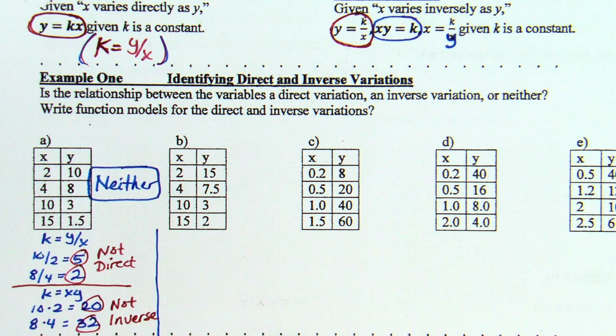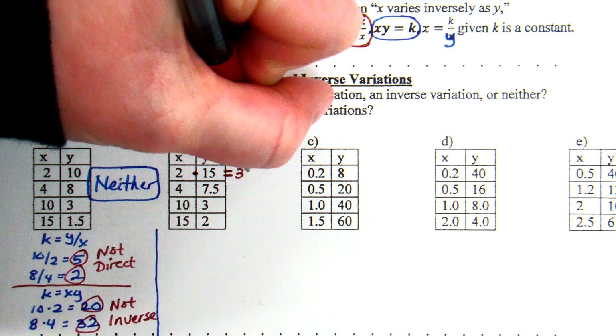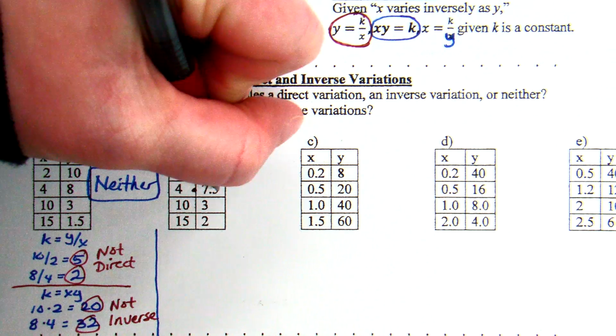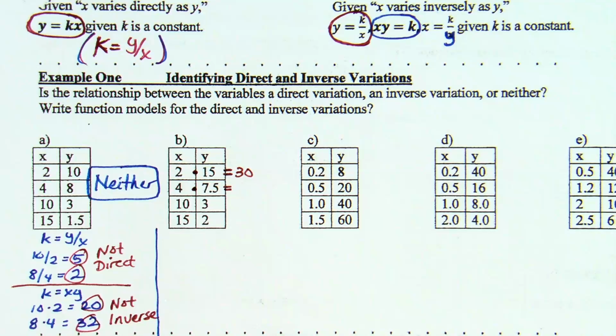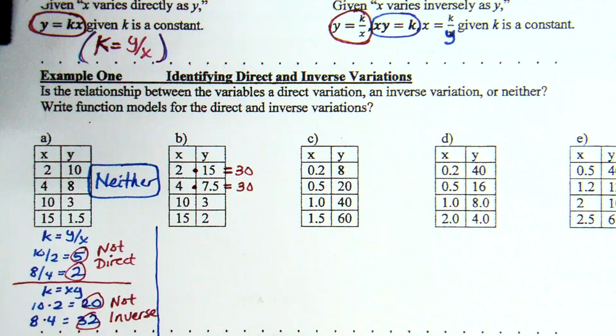I mean, save your energy here if you can identify this just by glancing. Okay, if we multiply, what is 2 times 15? 30. Okay, this is the one that's probably making you think a little harder. What is 4 times 7.5? 30. Because 2 7.5s are 15, and so 4 of them make 30.